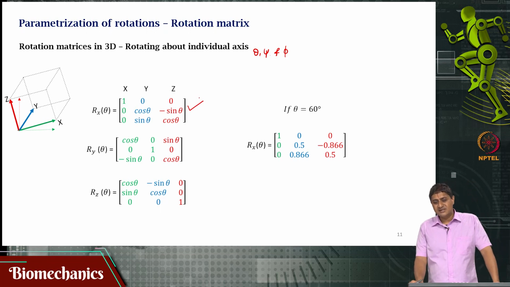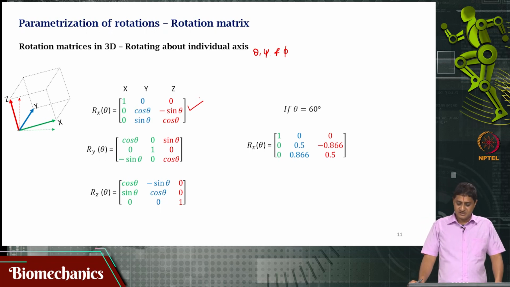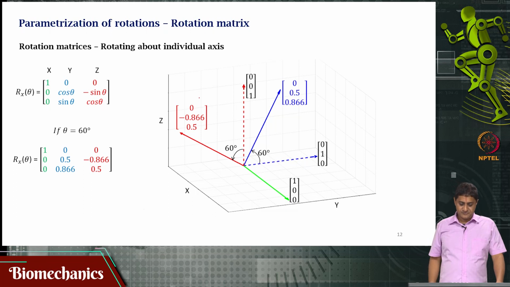And let us say for example, I say theta is equal to 60 degrees. Because I know cos theta and sin theta for theta of 60 degrees, I can actually write out this rotation matrix, right, that value.